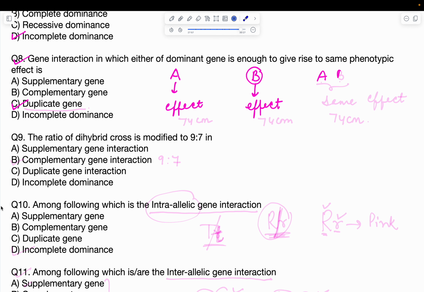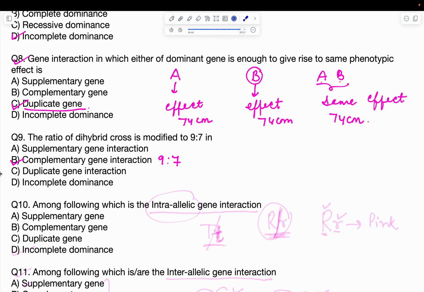Together also they produce the same effect. They do not show any additive effect, right? If A is producing 74 centimeter long leaves, B is producing 74 centimeter long leaves, A and B together are also producing 74 centimeter long leaves. So this is the case of duplicate gene interaction. The ratio of dihybrid cross is modified to 9:7 in supplementary gene interaction. The ratio is modified to 9:7, right?